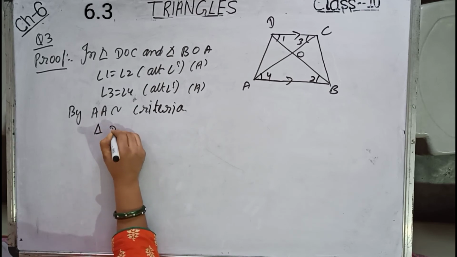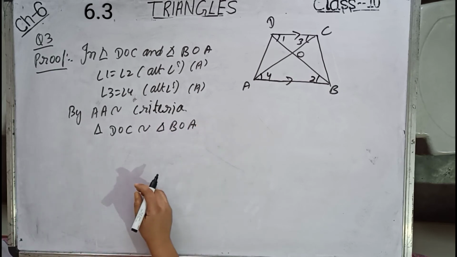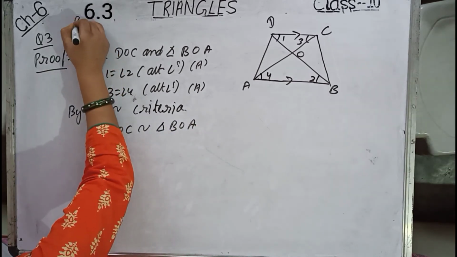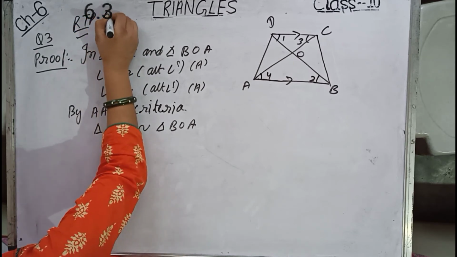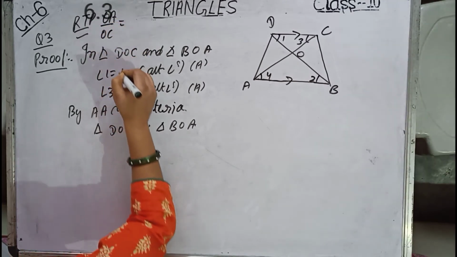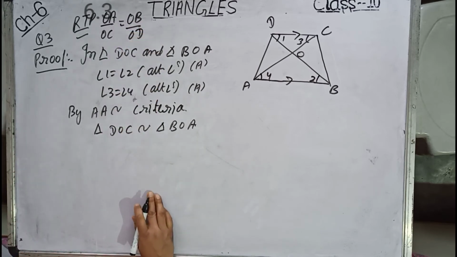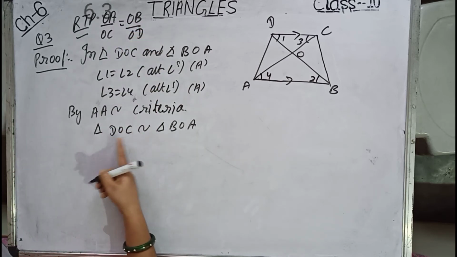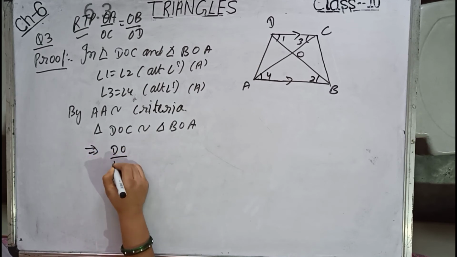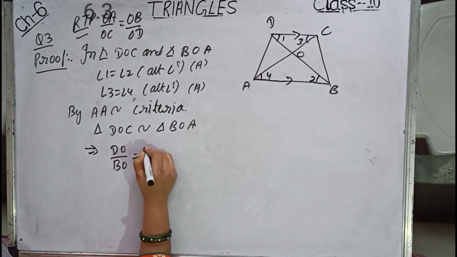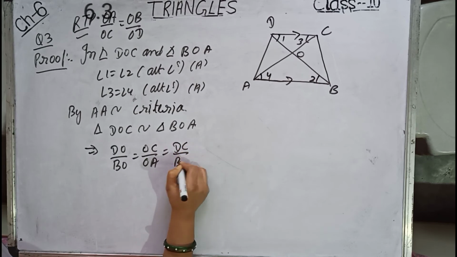Triangle DOC is similar to triangle BOA. The required to prove part I am writing over here so that it will be easy to understand: OA by OC equals OB by OD. Now if these two triangles are similar, we can write DO by BO equals OC by OA equals DC by BA.